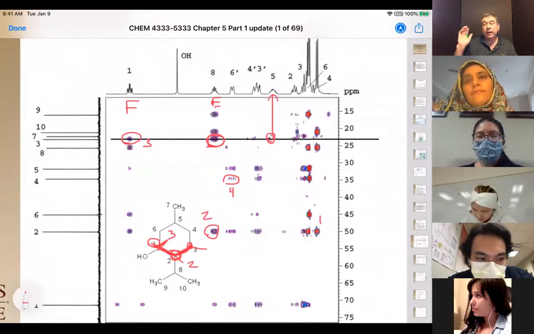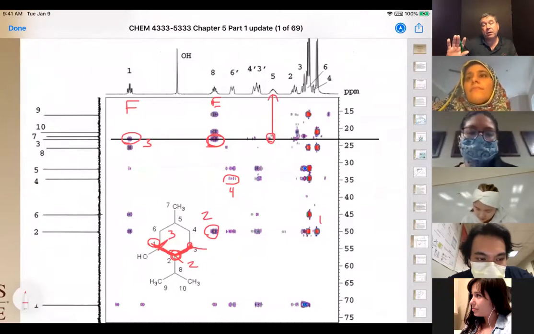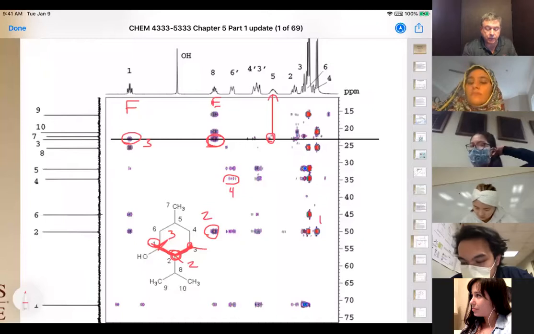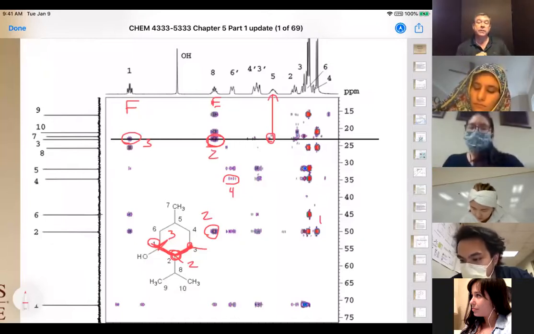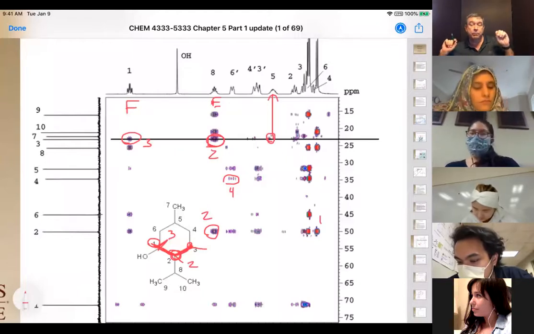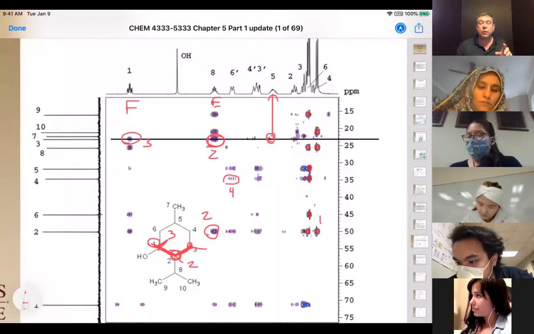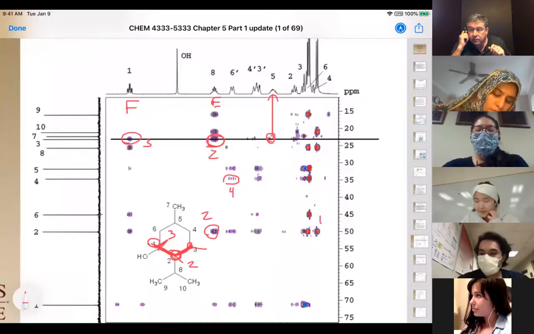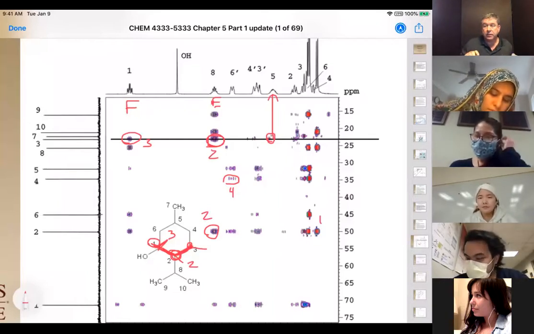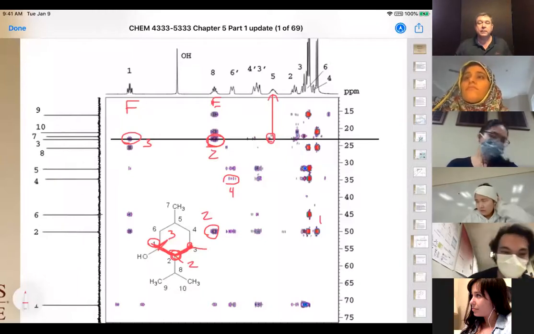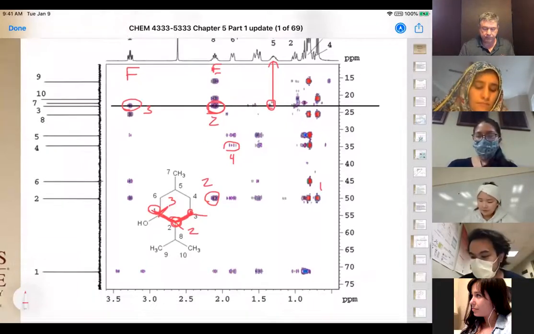And because we have now diminished our 1 bond signal and are looking at our 2 and 3 bond signals, our 2 and 3 bond signals are the ones we see. So that's the advantage of our multi-bond correlation, or MBC, versus our quantum correlation, which is the direct 1 bond correlation. The more bonds away, the less intense the signal. Okay.